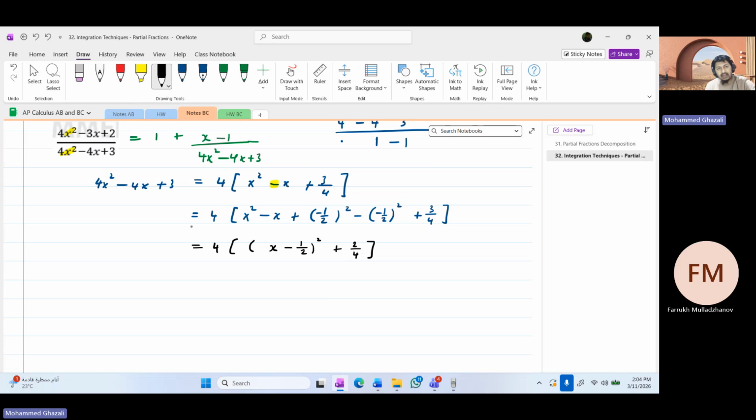Because we need to take the 4 back inside. So we have 4 into x minus a half squared plus 2.